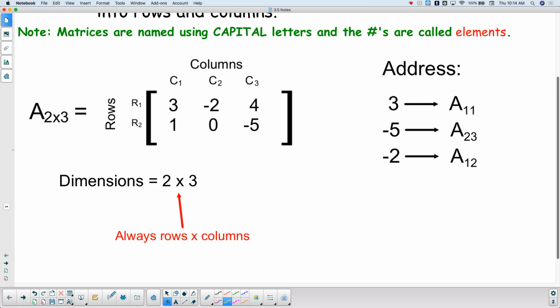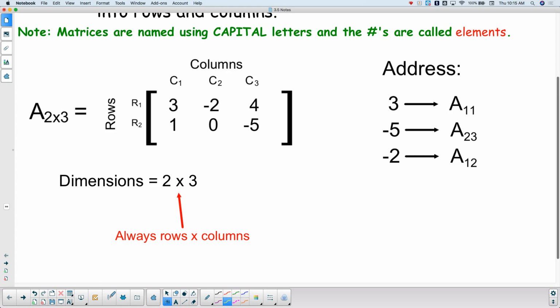3 is an element. -2, 4, 1, 0, -5 are all elements of it. Each element has its own specific address. So, for instance, the number 3 has a specific address, just like I have a specific address here in Wausau, you have a specific address here in the greater Wausau area. 3 has an address of matrix A, row 1, column 1.